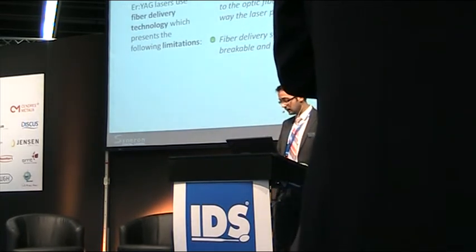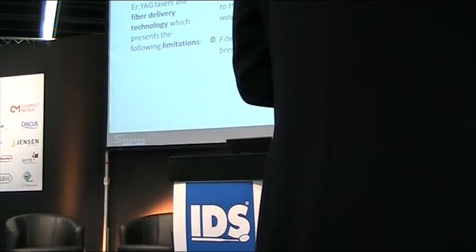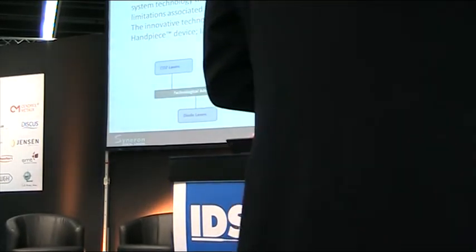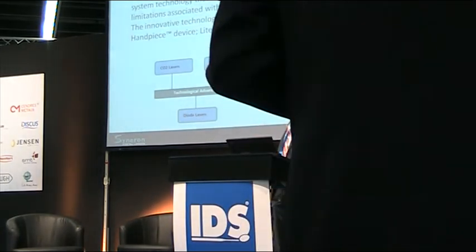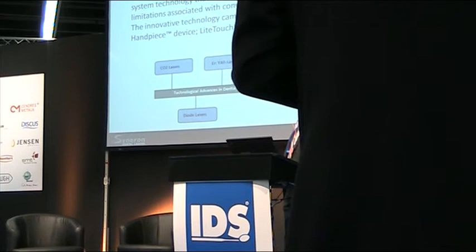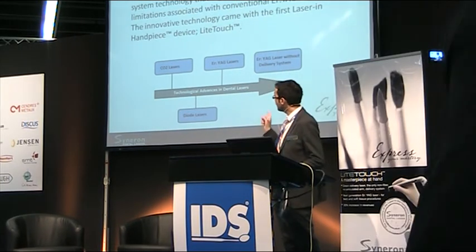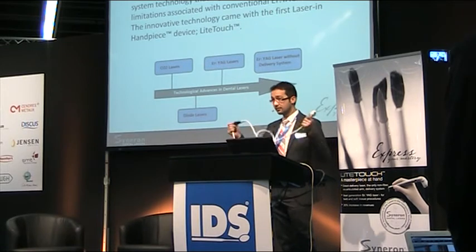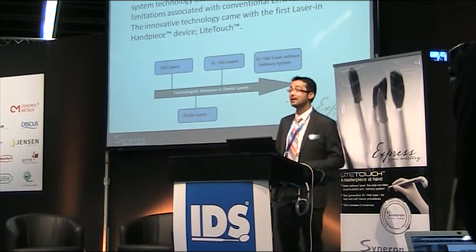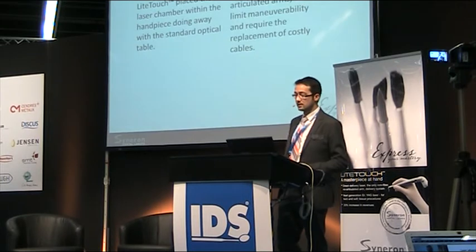So it is overcost. In the development of laser technology, you can see that the first ones are carbon dioxide lasers, then the diode, then the ergonomic family, and nowadays we have the first ergonomic laser without delivery system.